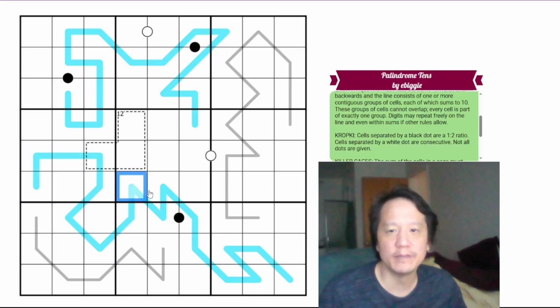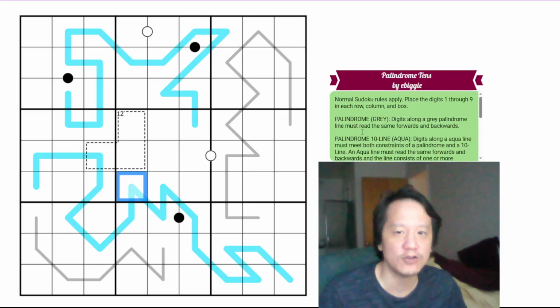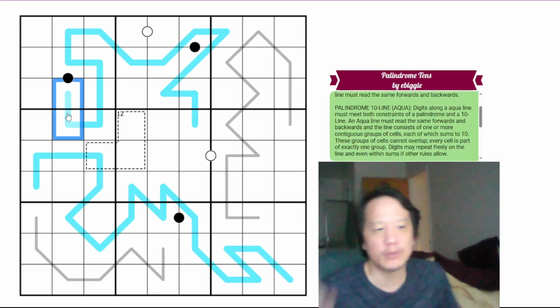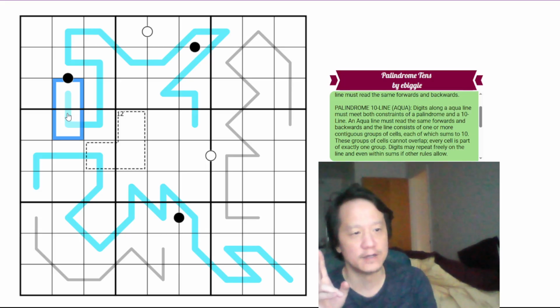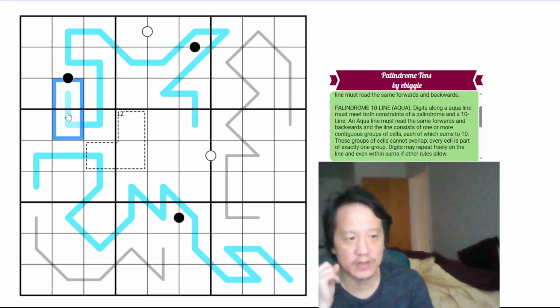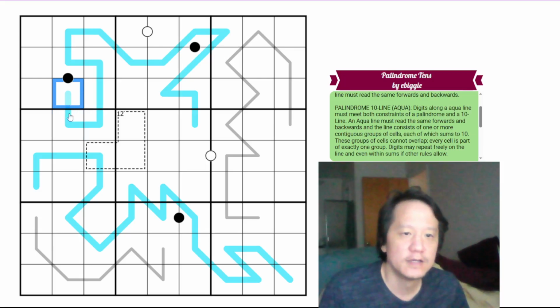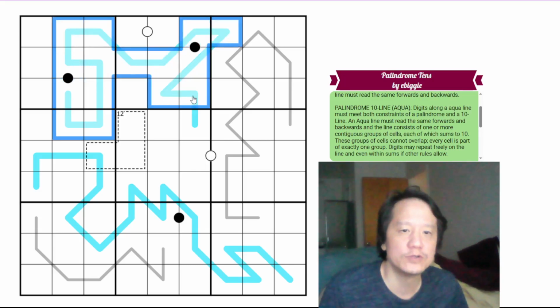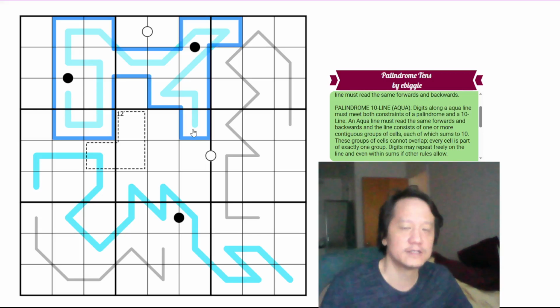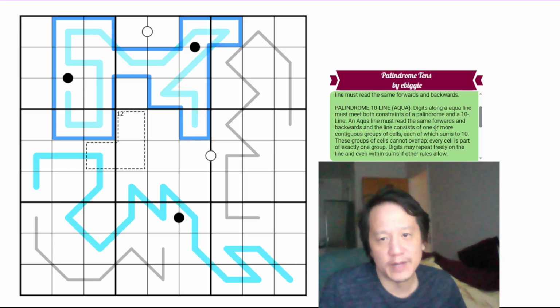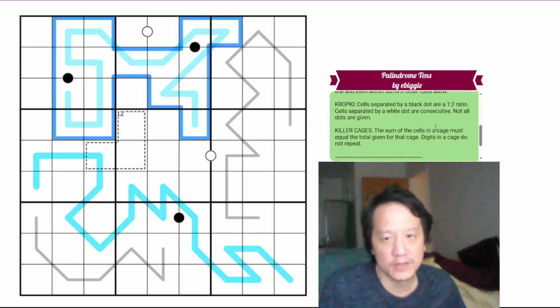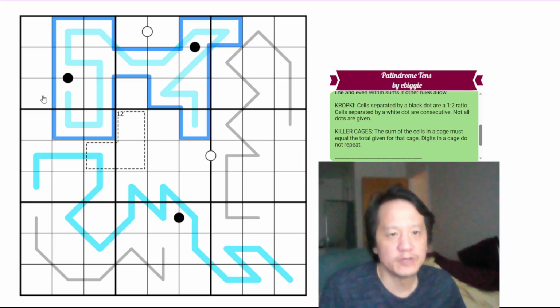But basically, it must be part of some group of cells that adds up to 10, and it cannot be part of multiple sets. It must be part of specifically one set of digits which add up to 10. So every cell on the 10 line must be part of exactly one set that adds up to 10 on the line, and it must be consecutive, right?